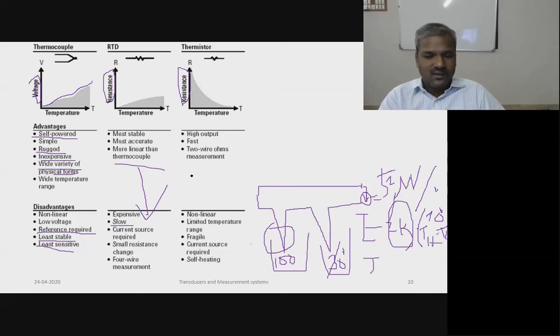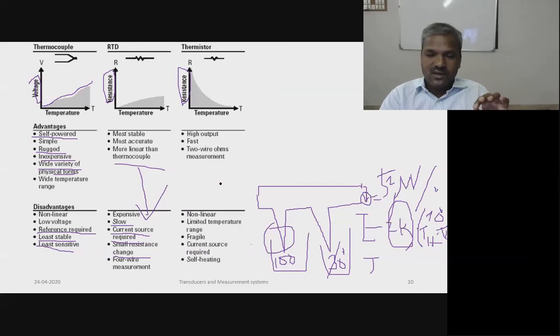Also, if you excite the Wheatstone bridge with a voltage source, there will be a self-heating error. If you excite with a constant current source, you can avoid the self-heating error in the RTD. That is a drawback with the RTD. Then there is a small resistance change, very small, because the temperature coefficient of resistivity of platinum is 0.0038.